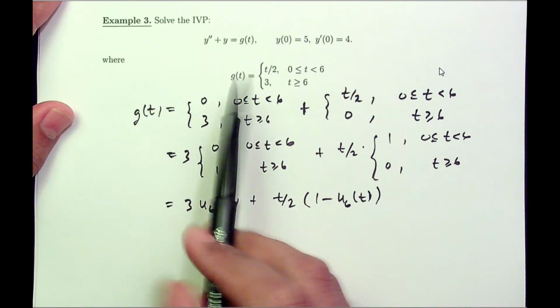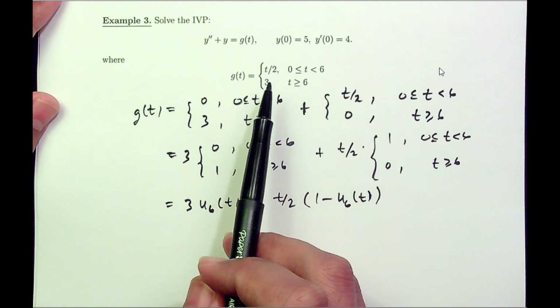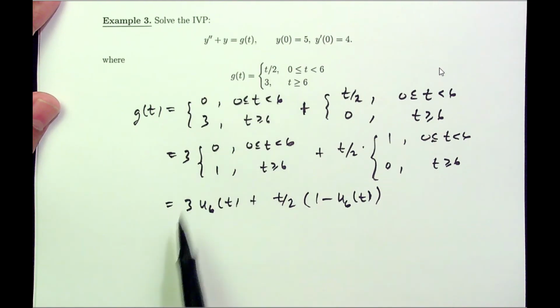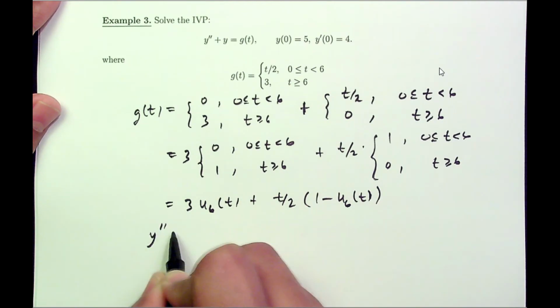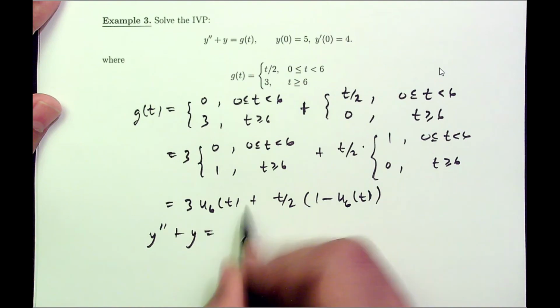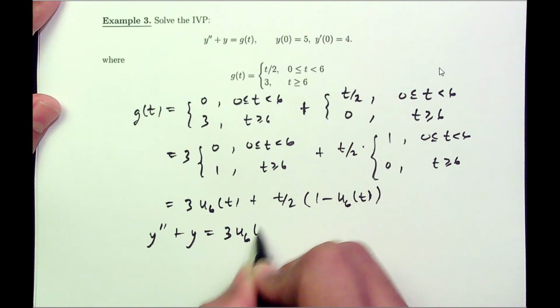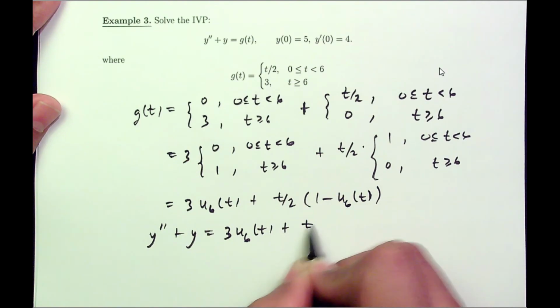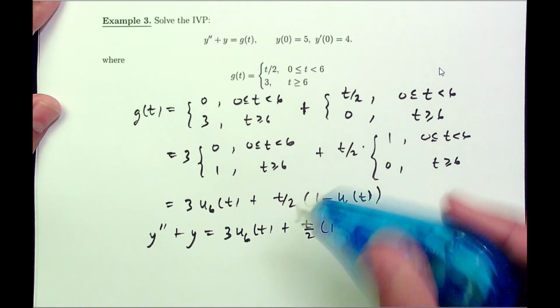Then we rewrote this piecewise defined function in terms of U, in terms of U6 in this case. So that means that y double prime plus y equals 3u6 of t plus t halves times 1 minus u6, and we can actually distribute this right away now.